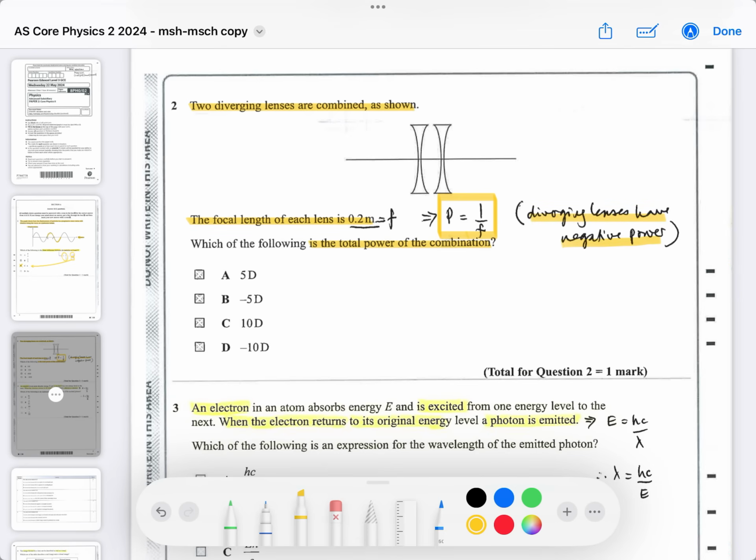So 1 over F is 1 over 0.2, which is 5, plus 5, 10, but it'll be minus, so minus 1 over 0.2 plus minus 1 over 0.2 again. So the answer will be D, minus 10. It's minus 5 plus minus 5.